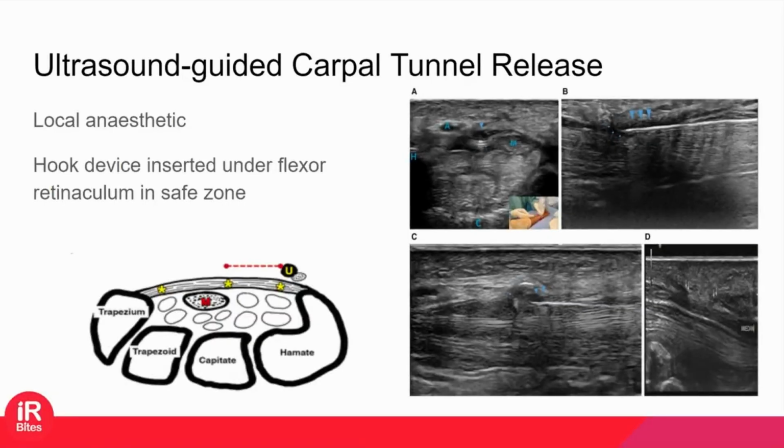You inject local anesthetic, and then you create a little bit of space under the flexor retinaculum, and then you put a hook device in to basically release it. It's got a hook on the back, so as you drag it through, it makes a kind of micro incision in the flexor retinaculum, and so that releases pressure in the carpal tunnel and will reduce carpal tunnel syndrome, or symptoms rather.